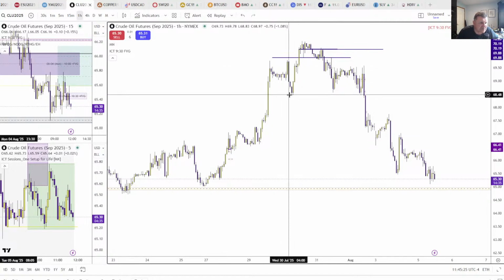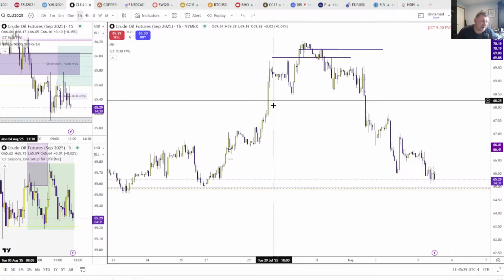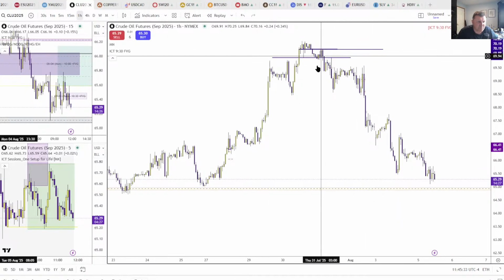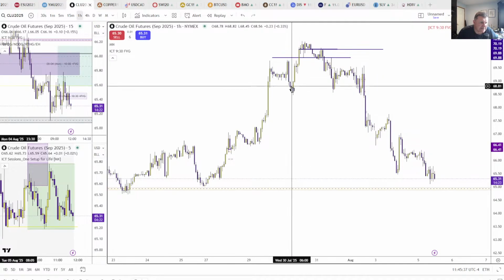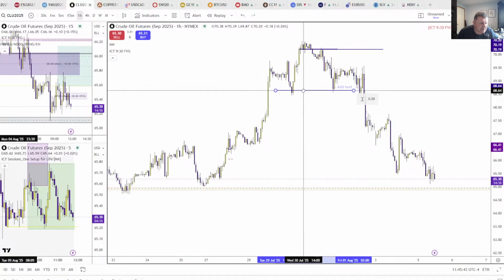And if we break structure here on the downside, then you know you're in a definite market maker sell model. All we're doing is just hunting internal range liquidity from here, and then that little discount box down here, and then the mean threshold here. Look at that. Take this one here, stick it right on the mean threshold of that last down close candle.